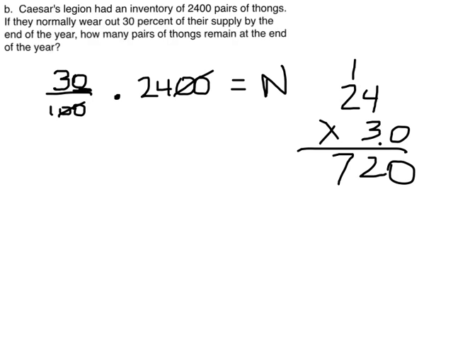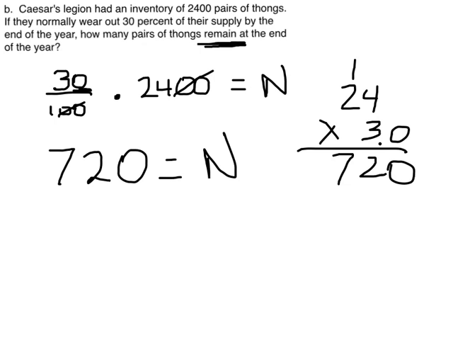So 720 is what they're going to wear out. That's 30%, okay? But that's not what we were asked to find. We were asked to find how many remain at the end of the year. So I'm going to have to take this one more step.